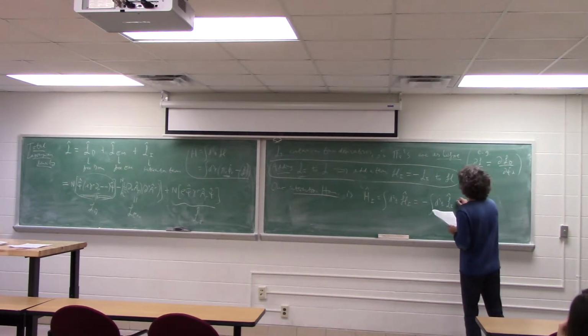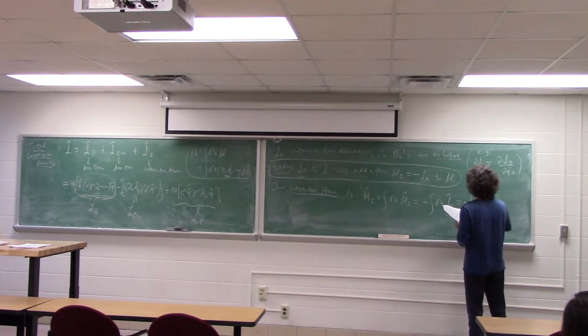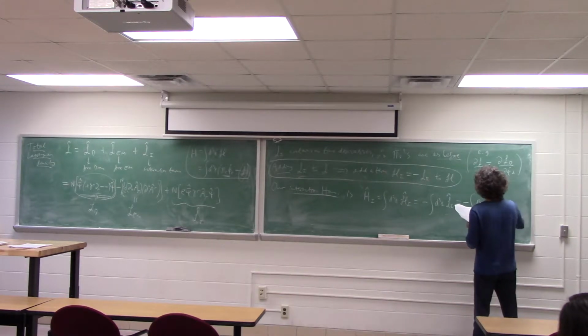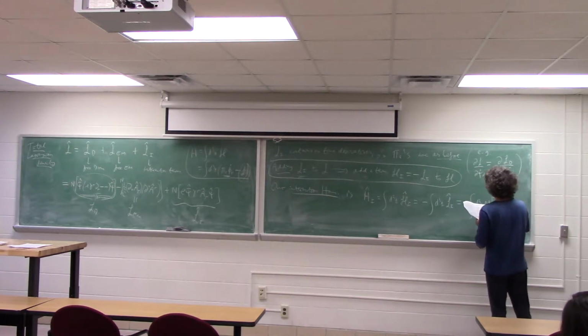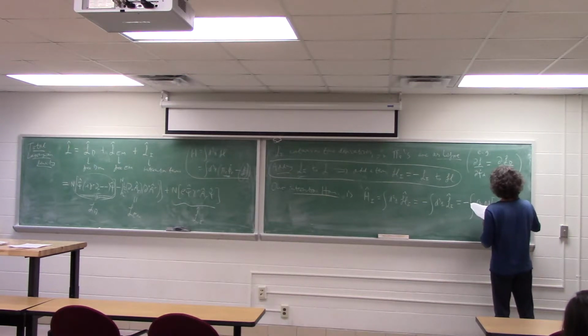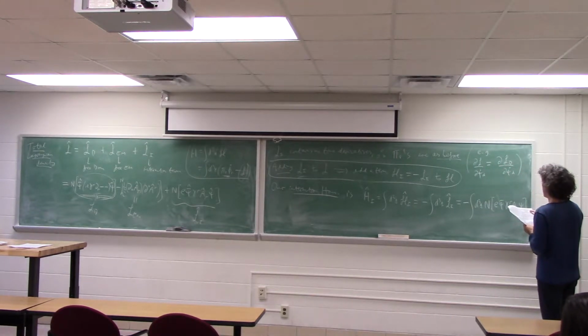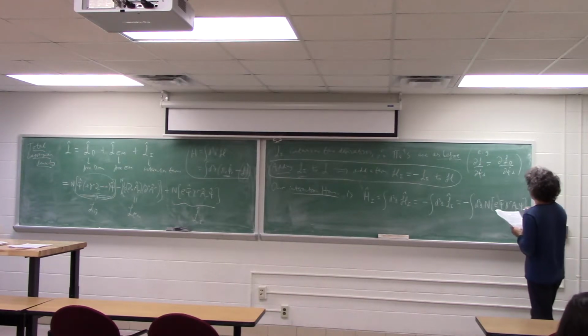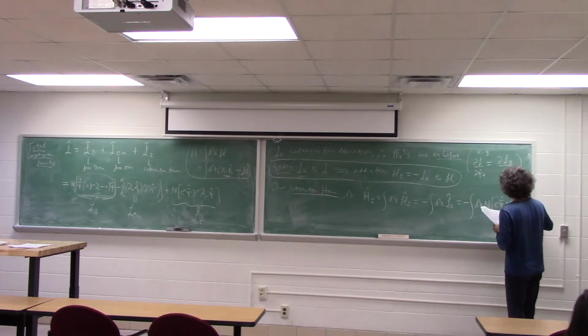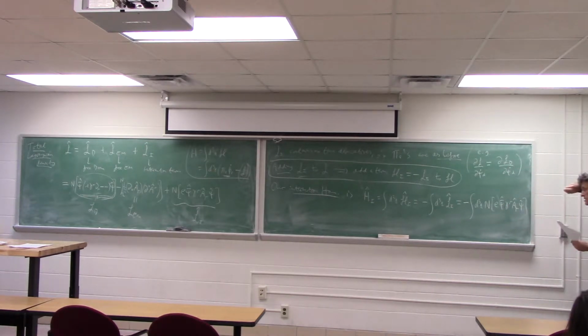So what is this? Our interaction Hamiltonian is minus the integral over all space of the normal product of e psi bar gamma mu A mu psi. Of course these are operators. So this is our interaction Hamiltonian.